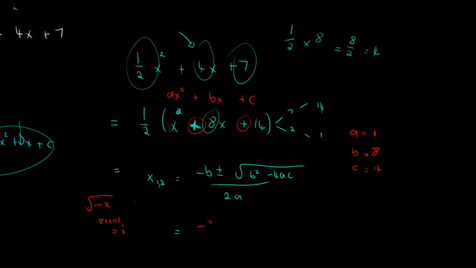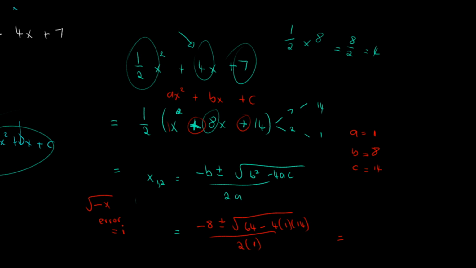So let's see if we can solve this one. So I'm going to say negative 8 plus minus the square root of b squared. 8 squared is 64 minus 4 multiply 1 multiply 14 over 2. Oh, we can actually find values here. Never mind. We won't have a negative square root. Okay, so I'm going to type this in on a calculator.